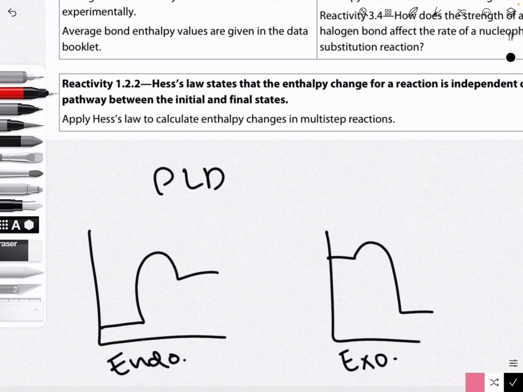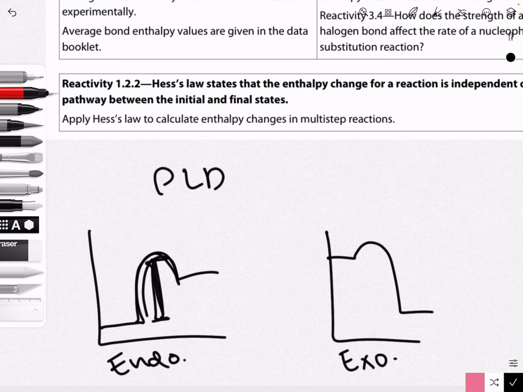exothermic. Now, the breaking of bonds takes energy, which means that this is an endothermic reaction, taking a lot of energy, as we see here. That's a very high activation energy curve.